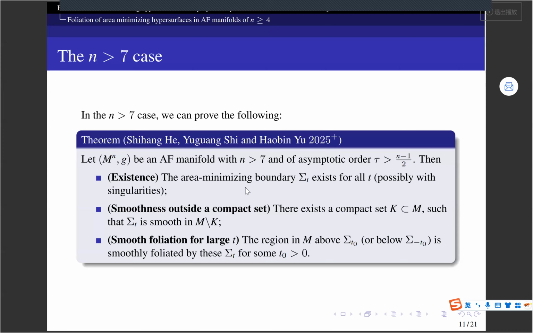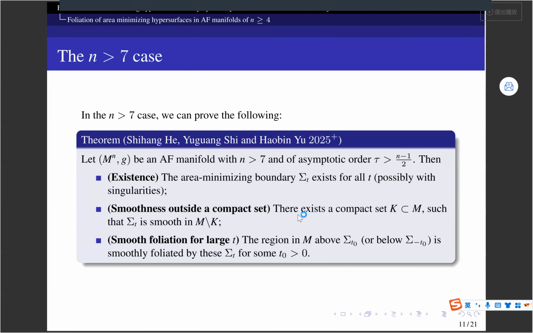Actually, the existence result is the same if you allow Sigma_t to have singularity. However, you can show that this Sigma_t is smooth outside a fixed compact set. It means that singularity can appear only in a fixed compact set, regardless of t.